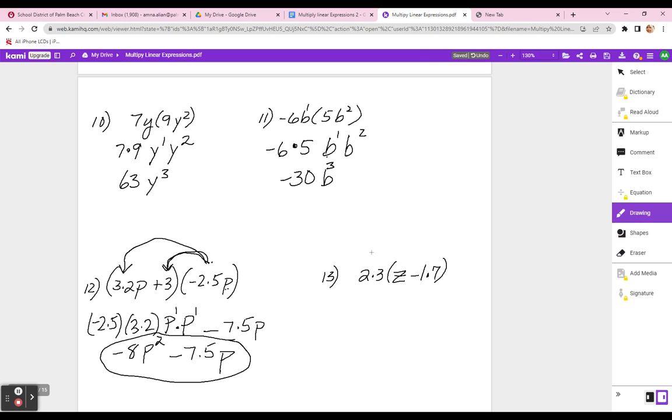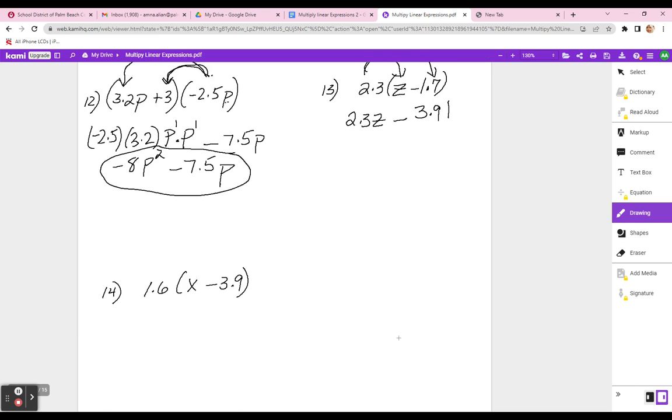All right, let's keep going. So 2.3 times z is 2.3z. And 2.3 times 1.7 is negative 3.91. Again, with these decimals, use your calculator.